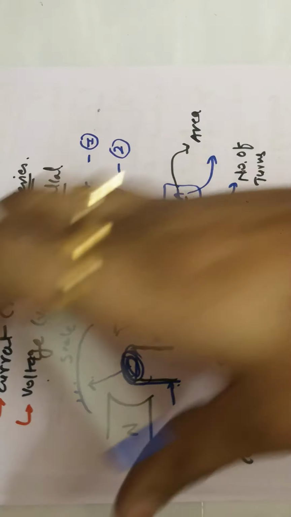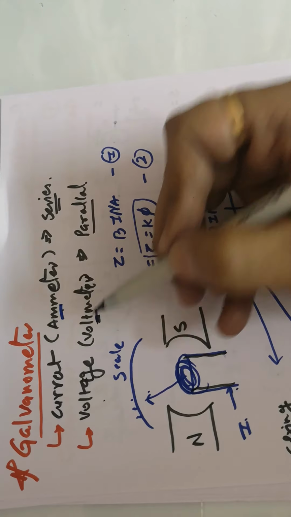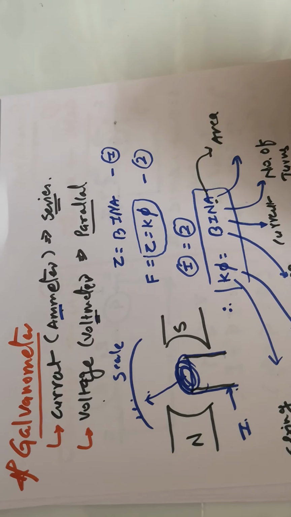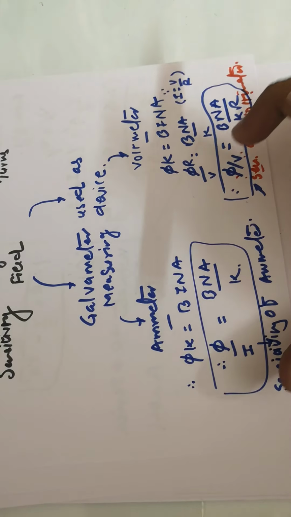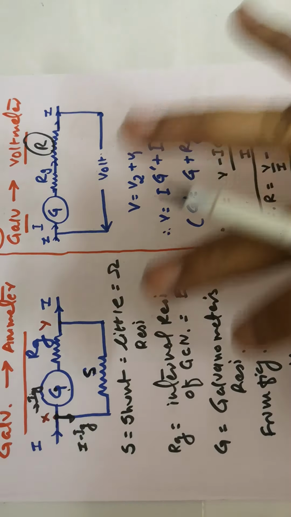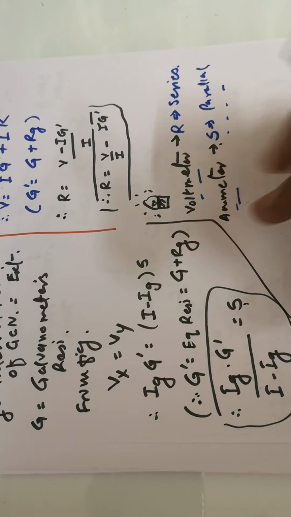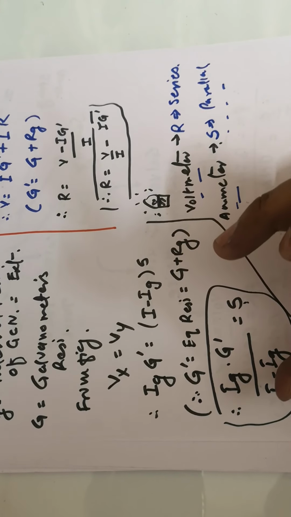Previously I asked the question: why can a galvanometer not be directly utilized as an ammeter or voltmeter? Now the answer is there. There are 2 points. First, we have to calibrate its sensitivity, and second, if we want to use the galvanometer as an ammeter, we have to connect one small shunt.